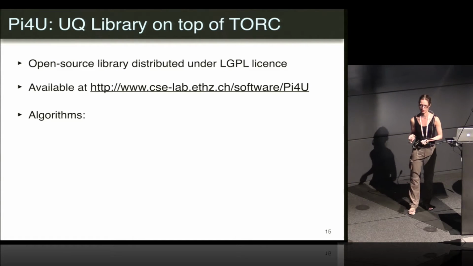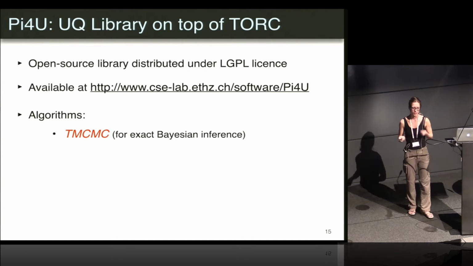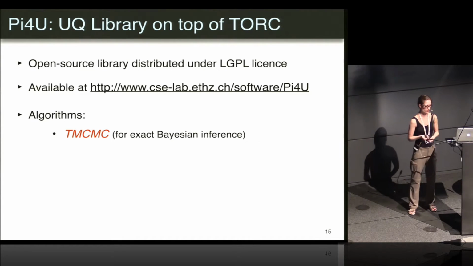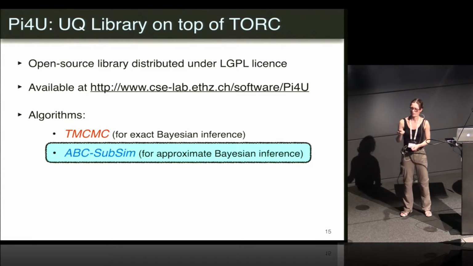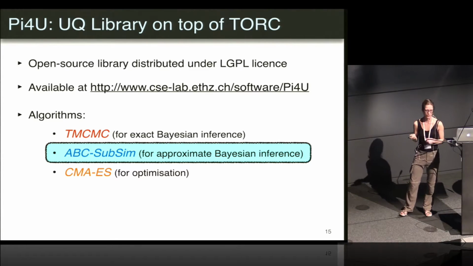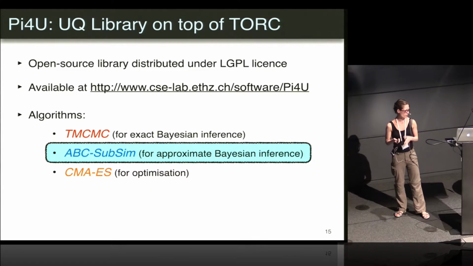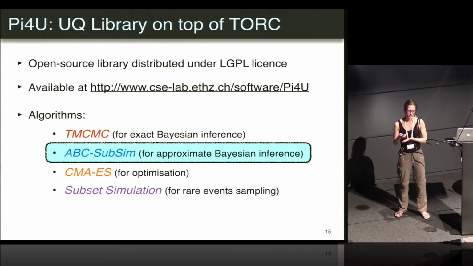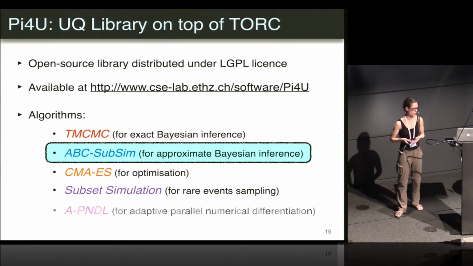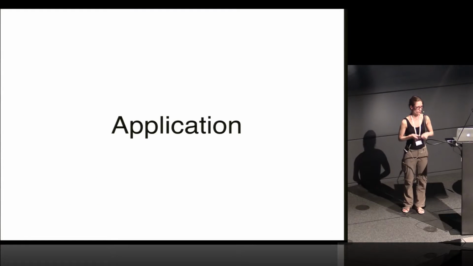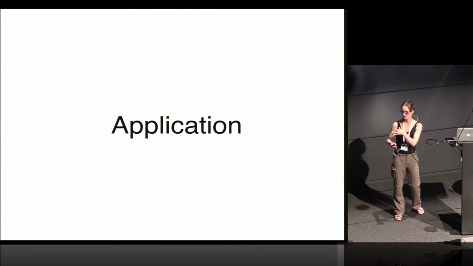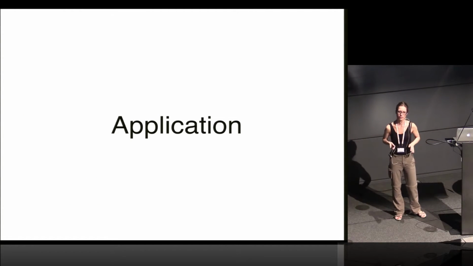The algorithms which we currently support are the TMCMC, for exact Bayesian inference, the ABC-SubSim, which we implemented for this paper, for approximate inference. Then we have an optimization algorithm, rare event sampling, and finally numerical differentiation. For those algorithms, you will just need to connect it with your application, and that can be pretty easy.